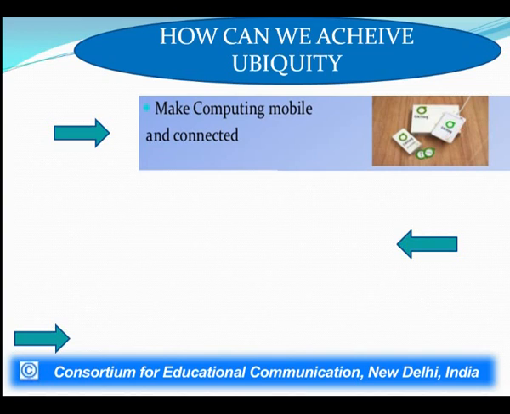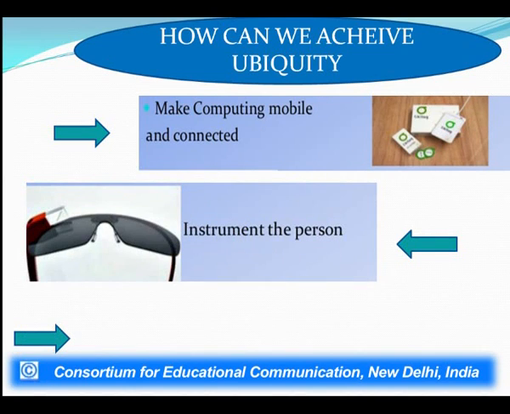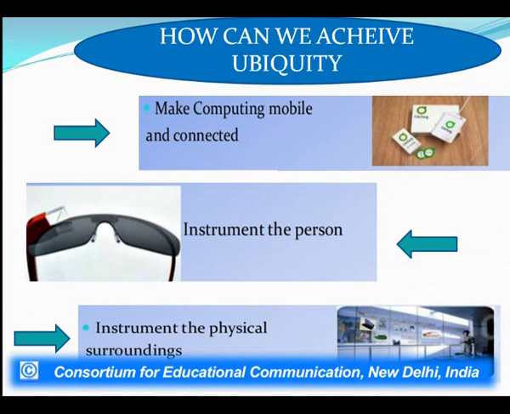So, for any system to be made ubiquitous, the ubiquity should be quantified, and there are 3 components: how many mobile devices are being used and connected, how many instruments used by the person are context aware, and how many devices in the surrounding are able to capture all types of context aware information.